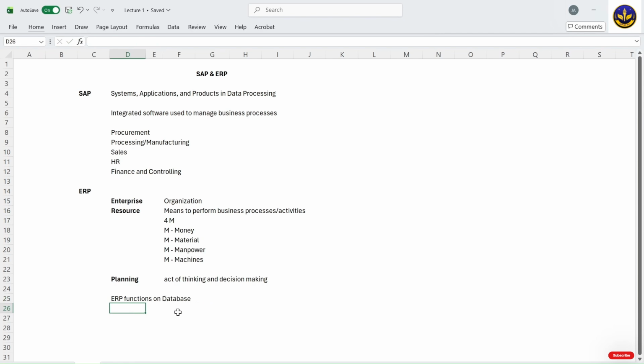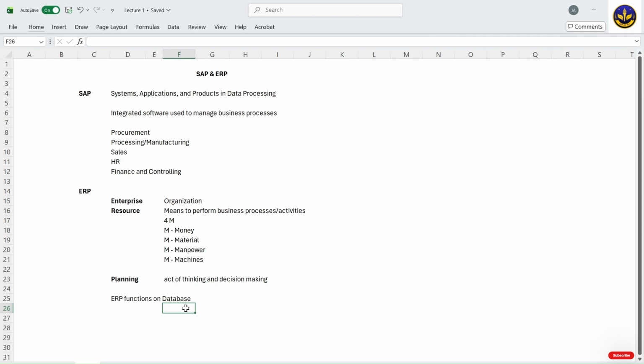Now you would be thinking what this database is. A database is nothing but a storage or a collection of related data, or a set of related data. We will be covering the database in a separate session. For example, SAP is a part of ERP which also functions on a database.